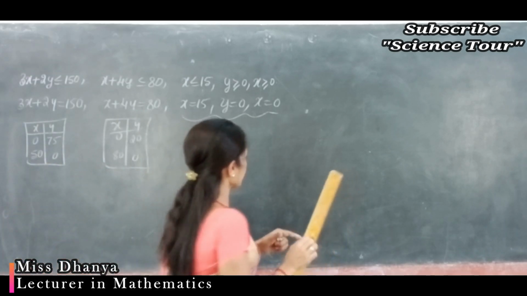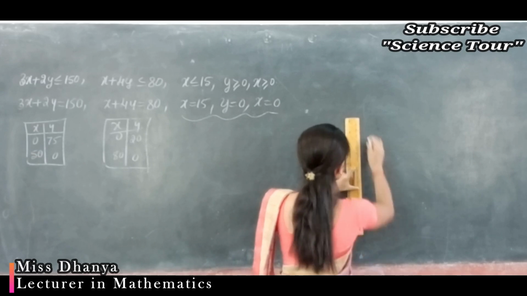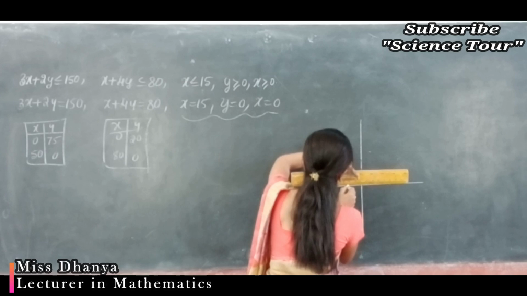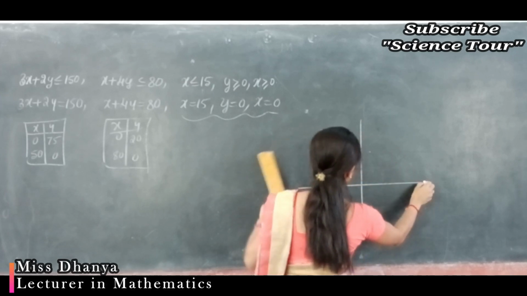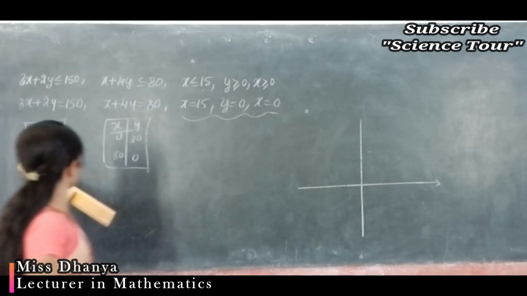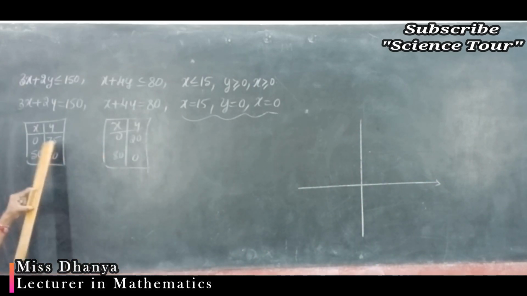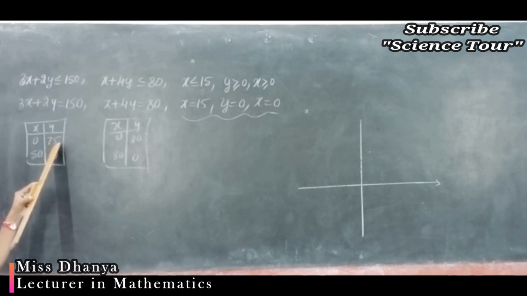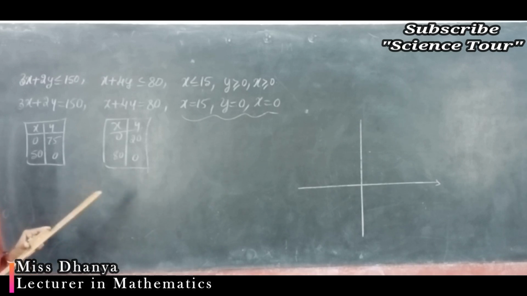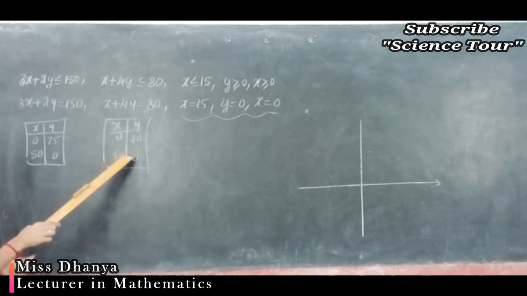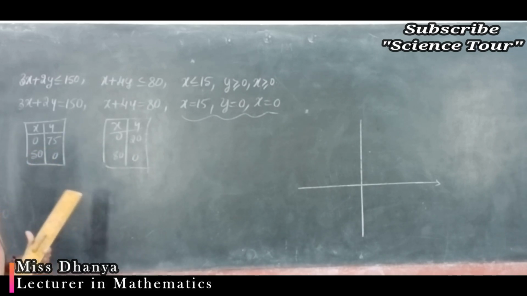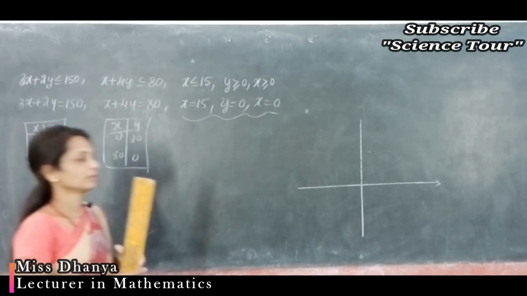Okay, so draw the Cartesian plane. On the x-axis maximum you need up to 80 and on the y-axis you need up to 75. I'll take 1 centimeter as 10 units, because you have bigger numbers in the x column and y column. So for that reason I'll take 1 centimeter as 10 units.